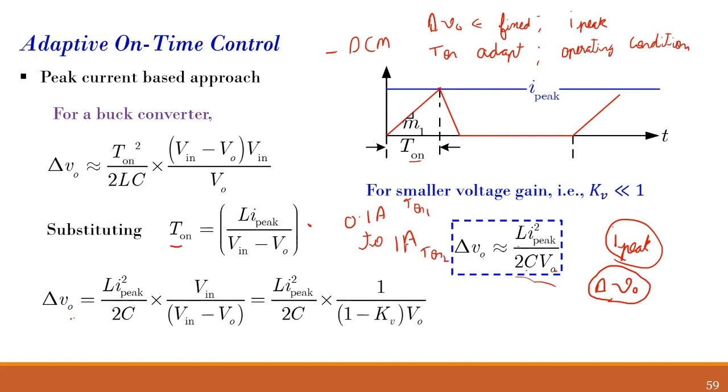When it is at 1 ampere, your on time will remain at T on 2. When it is at 0.1 ampere, your on time will remain at T on 1. So it is constant on time at that operating condition. But when your operating point has changed, then your on time is adapted. All right.